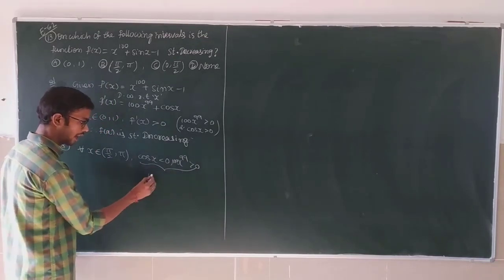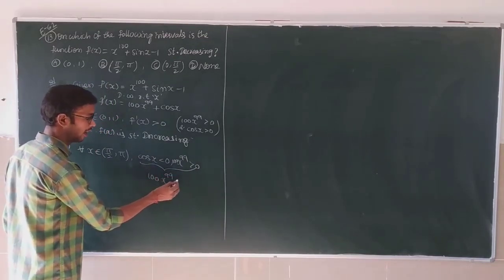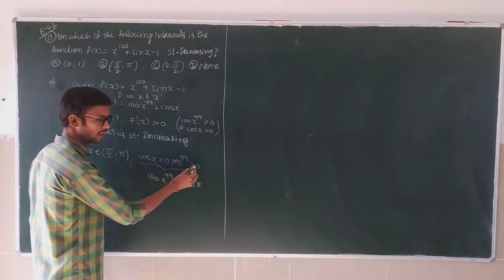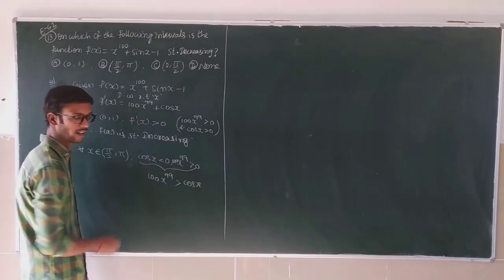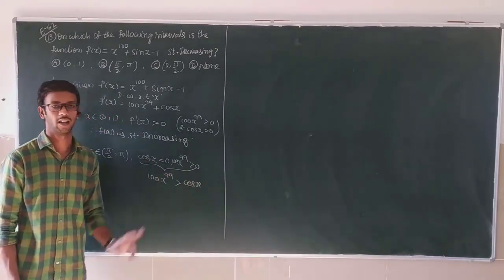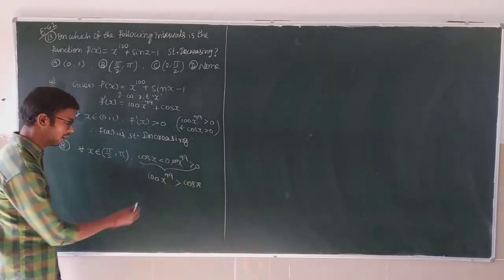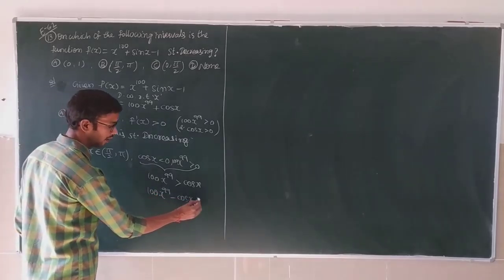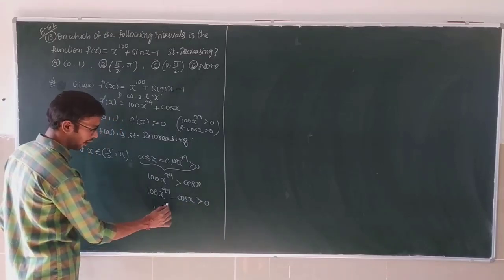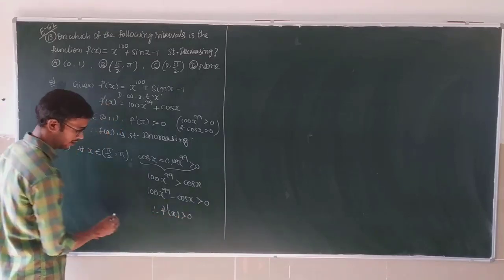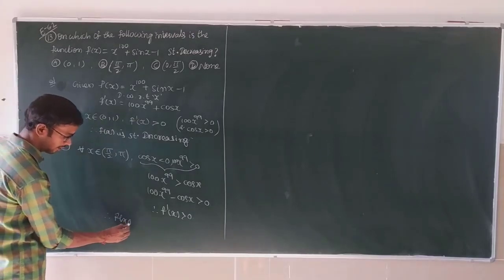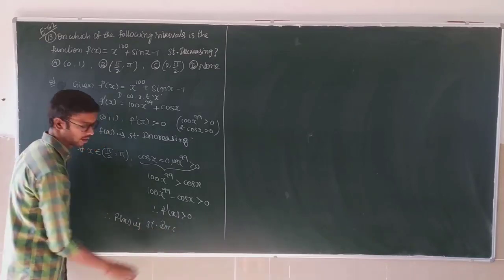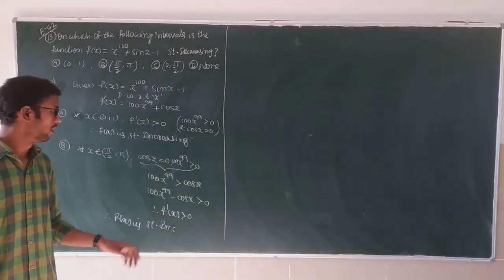From these two, we can write 100 x power 99 is greater than cos x, because 0 is greater than cos x. So 100 x power 99 minus cos x is greater than 0. Therefore, f dash of x is greater than 0, and f of x is strictly increasing. Okay.